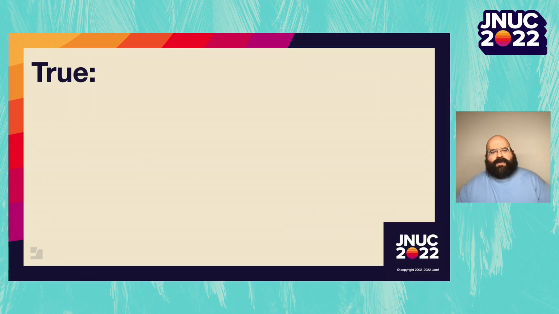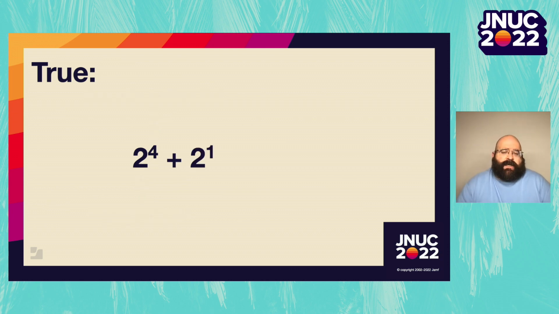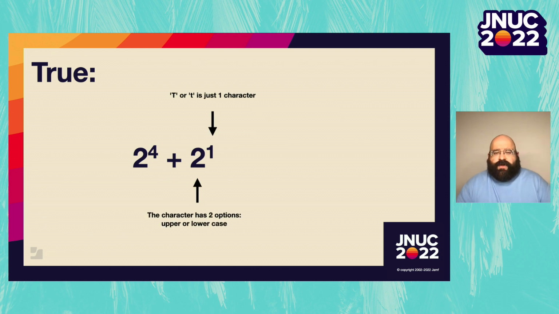All right, so the bottom line is we could go through the process of creating a compound if statement to represent true. But let's do a little bit of math and figure out how complex this statement's going to be. With true, there are 4 characters in the word, and each character has an upper and a lowercase option. So that, combined with the fact that we did have that one person that just entered a T, which is one character but still has an upper and lowercase option.